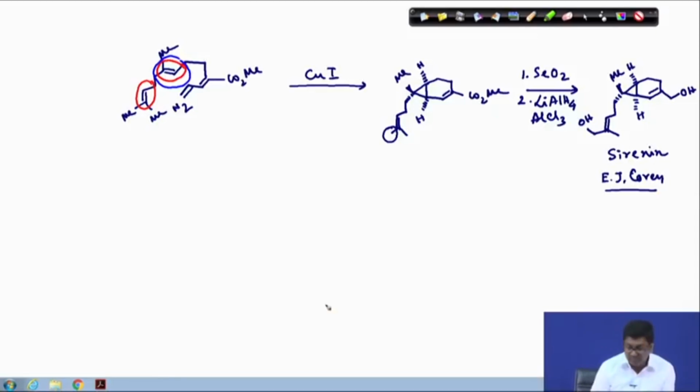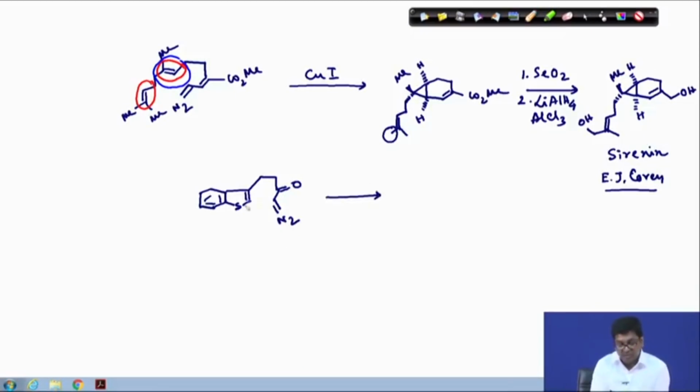Okay. Next we will see if we have another heterocycle, this is called the benzothiophene derivative, and its intramolecular carbene insertion into the corresponding double bond.